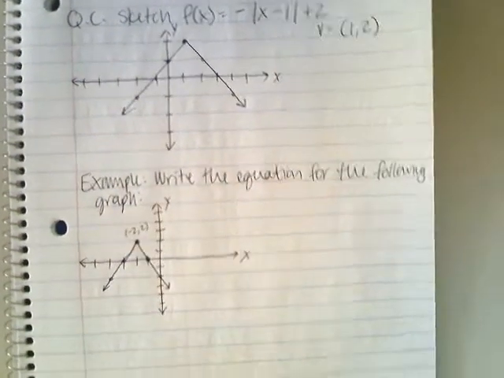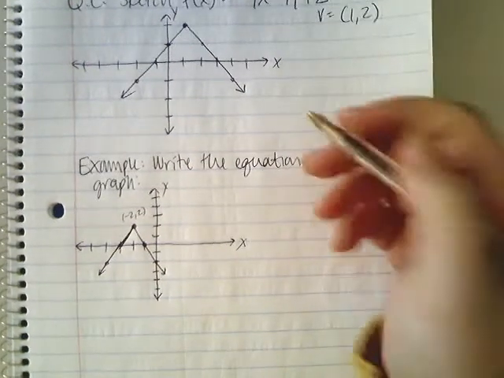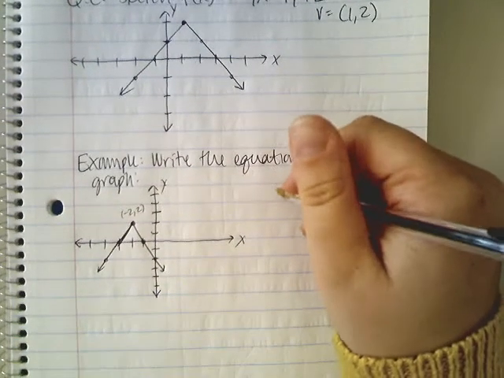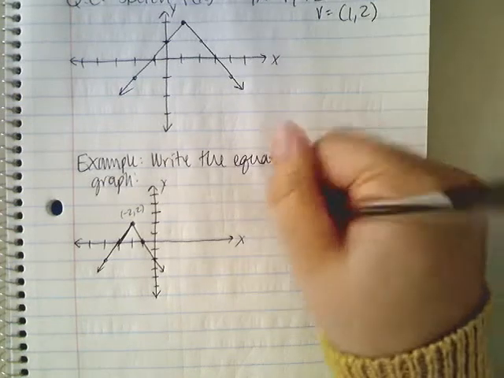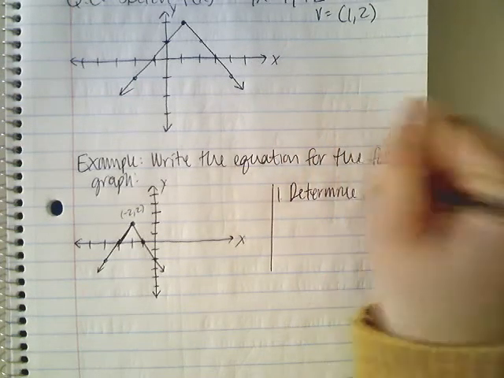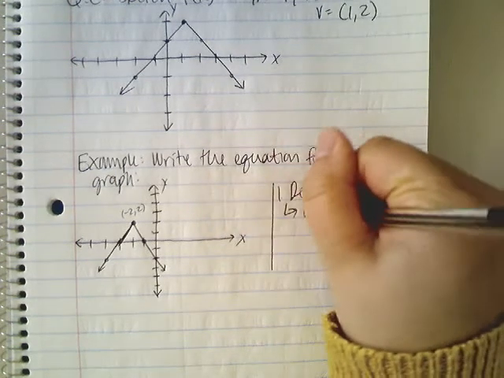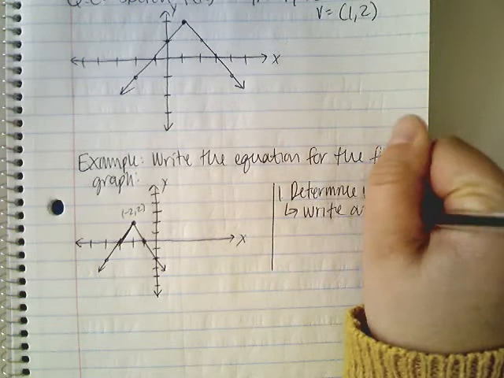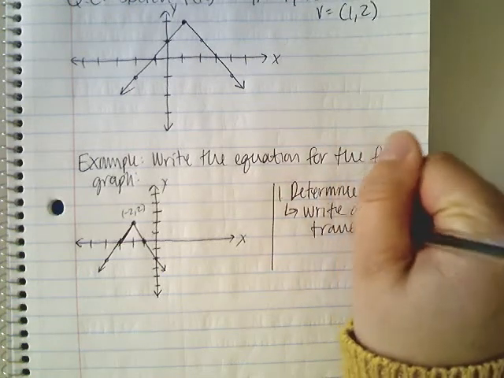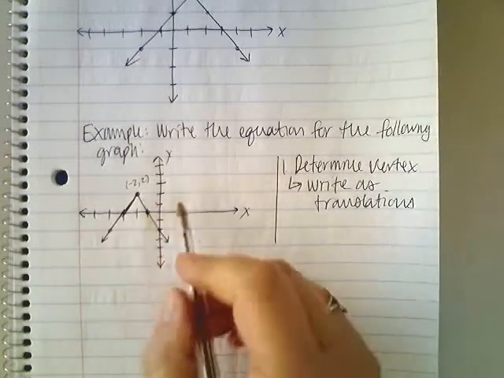I want you to try to write the equation for this graph on your own. Or sorry, no, I'm doing the examples. Sorry. So what I want us to first do is determine the vertex. And then I'm going to write these as translations. So I'm just doing the reverse order of what we did previously.